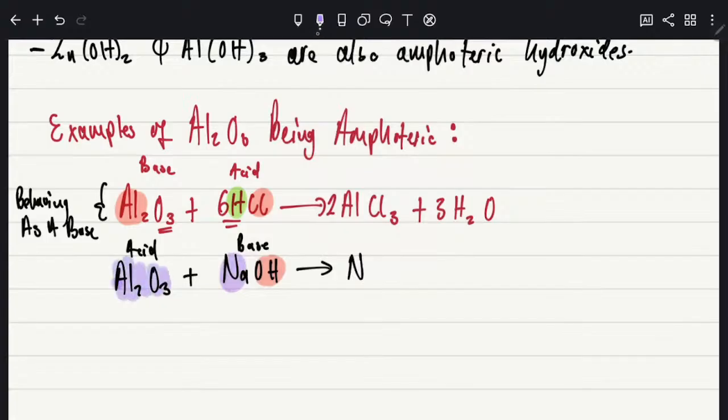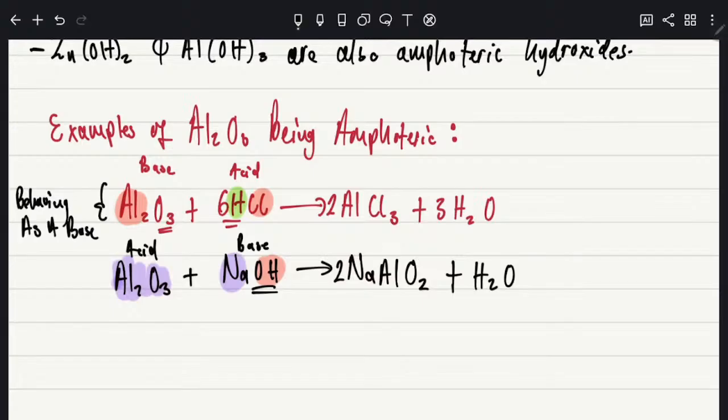So let's just do it. You're going to have sodium, aluminium, oxygen, and it's going to be like this. And now this OH, we just need to add more of them so that we get an H2O like this.